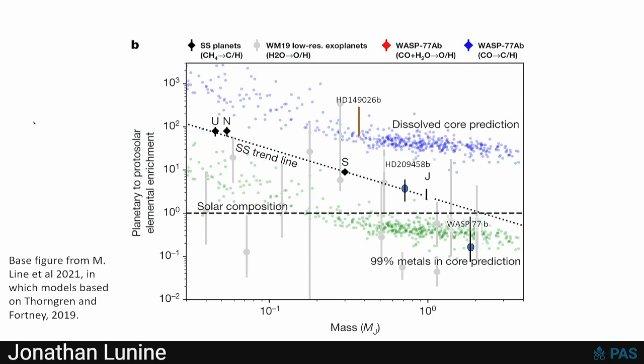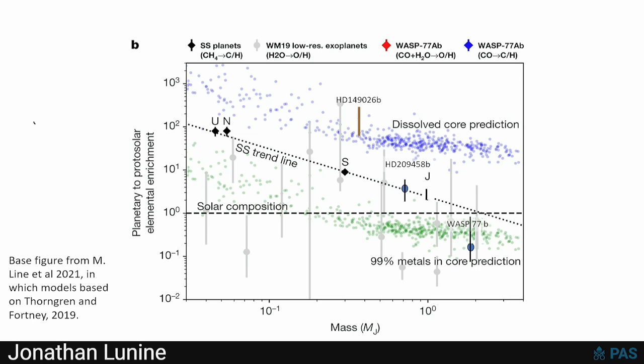The results are plotted here on a diagram that Nicole Lewis showed on Tuesday. It comes originally from Thorngren and Fortney. It's the enrichment of heavy elements relative to protosolar on the y-axis versus the mass of the object on the x-axis.